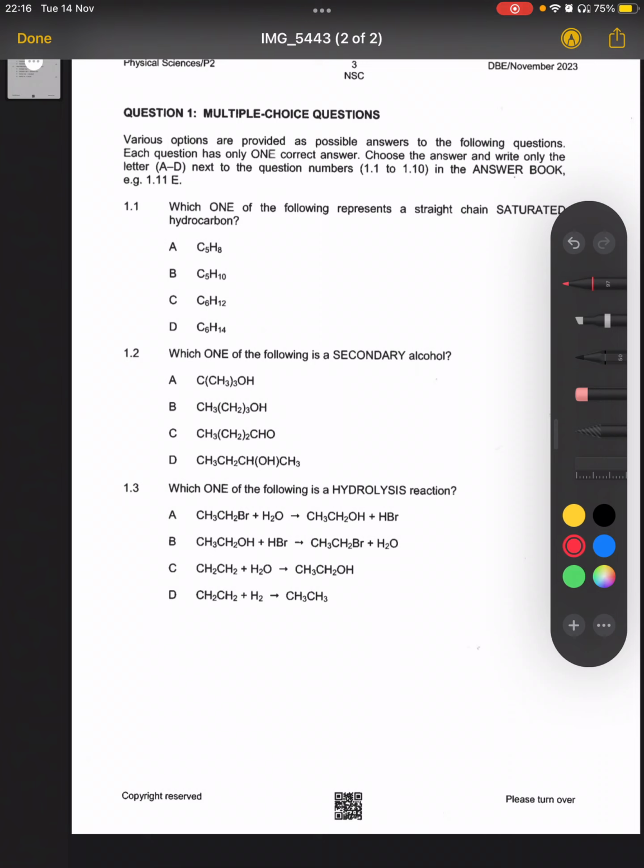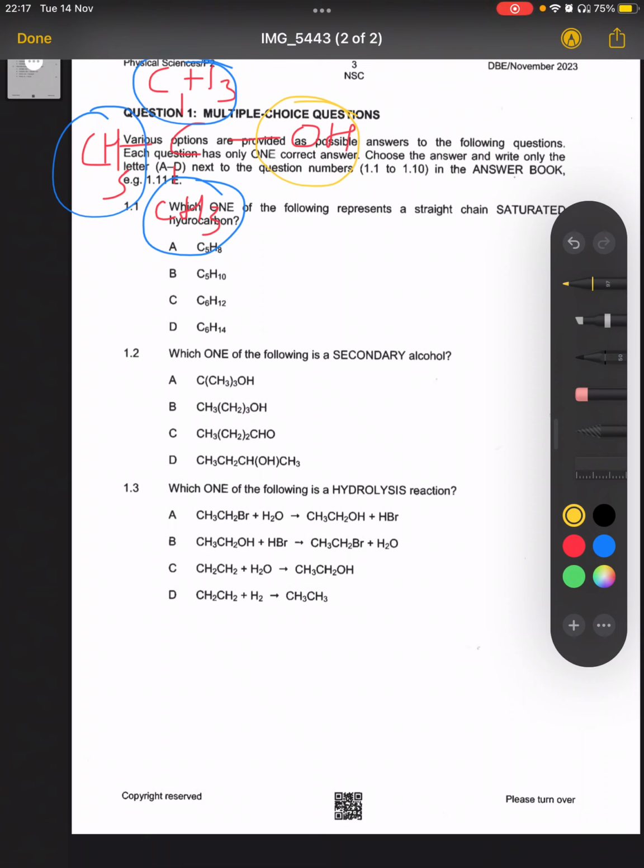So the first structure is just a C with CH3, and CH3, and CH3, OH. That is definitely not a secondary alcohol, because if we look at 1, 2, 3 carbons bonded, that should be tertiary.